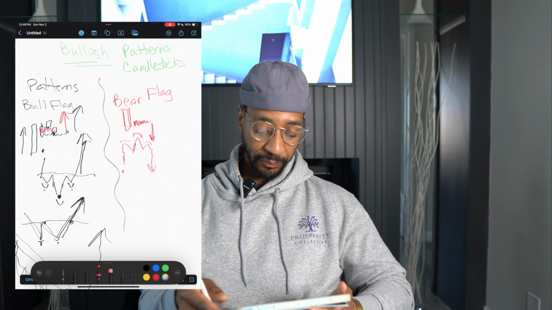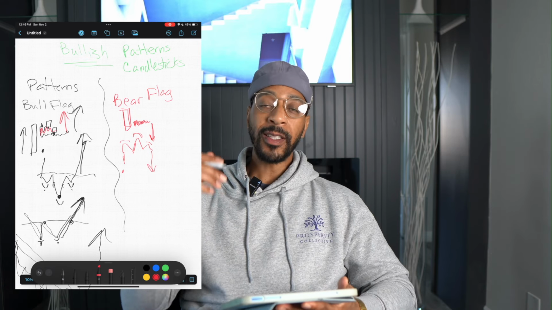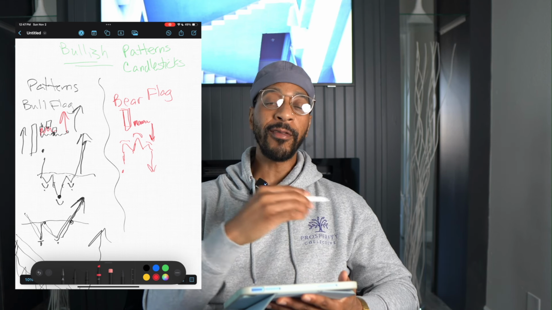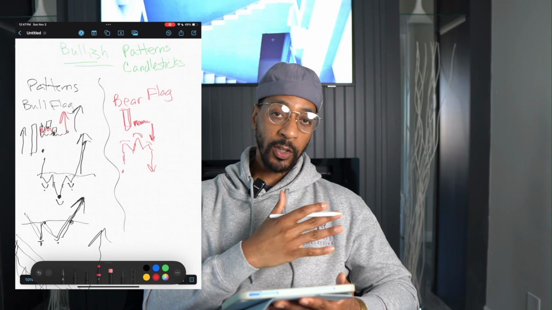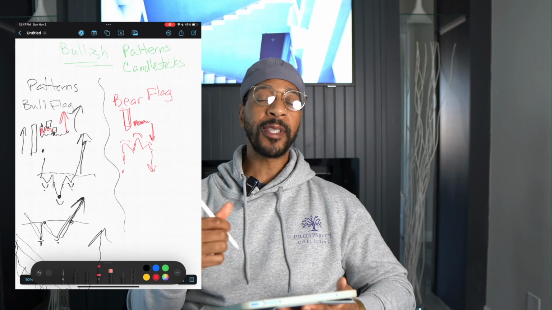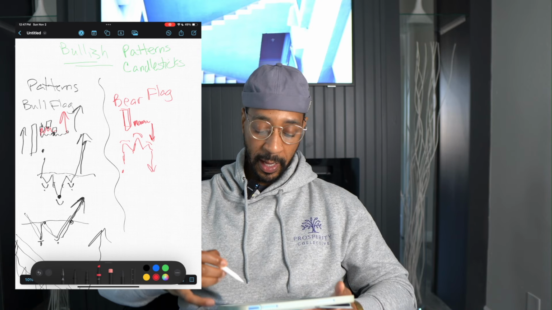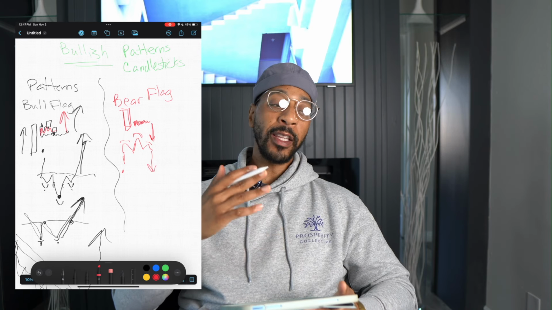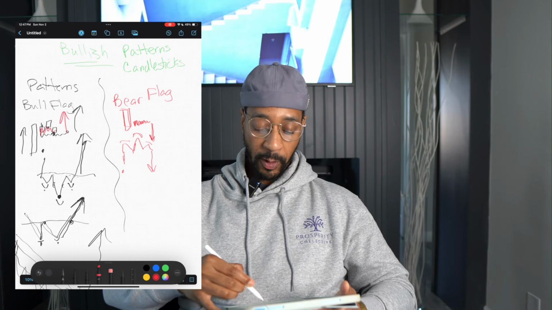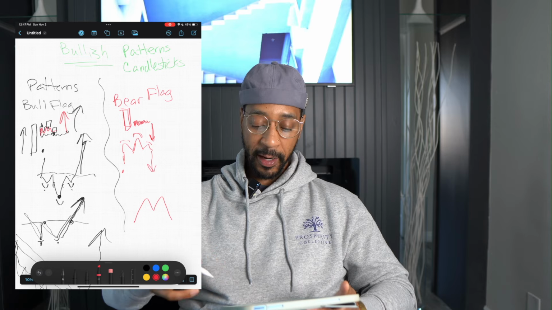All right. The next one is a double top. All I'm doing is showing you the inverse of the bullish. So a double top is the opposite of a double bottom. A double bottom looks like a W. A double top looks like an M. So a double top is this right here.